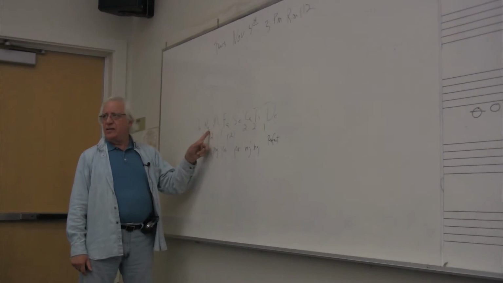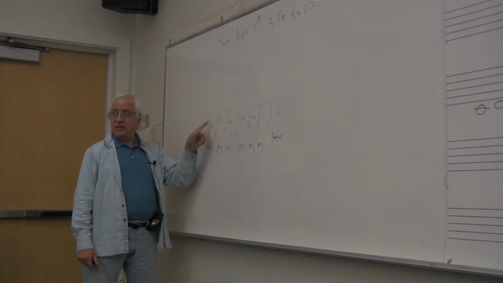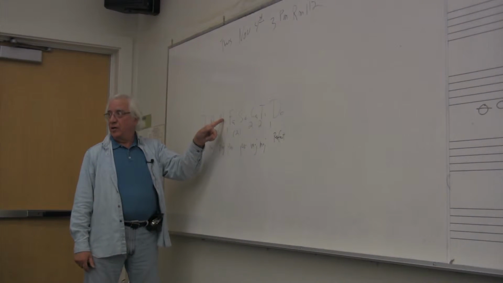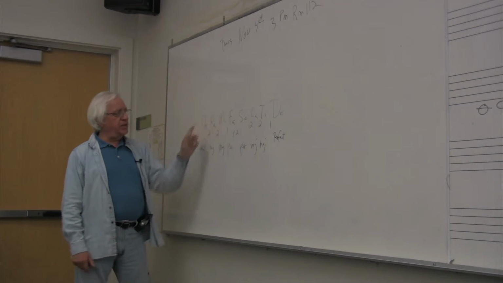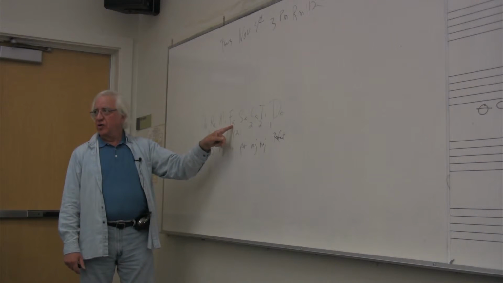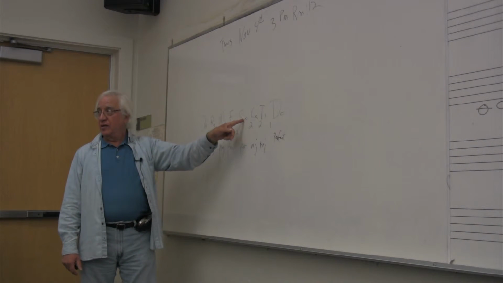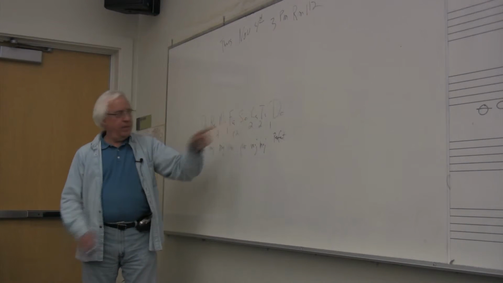From do to re, it's a major second. From do to mi is a major third. From do to fa is a perfect fourth. Do to sol is a perfect fifth. You understand?